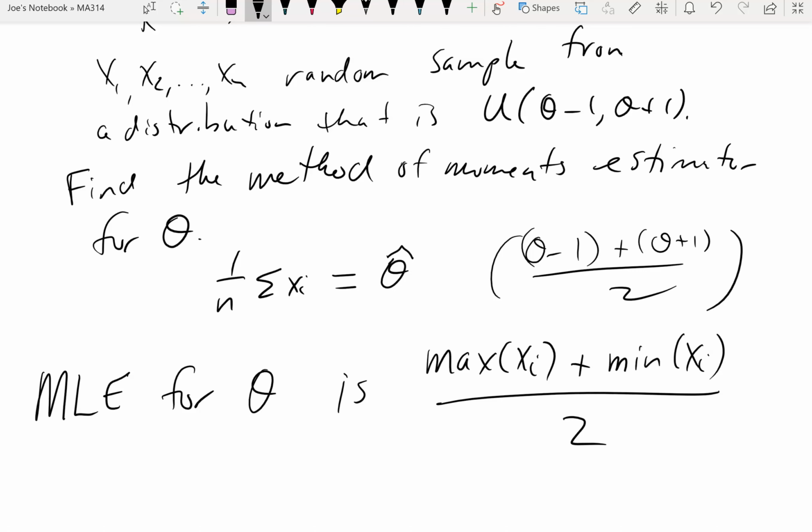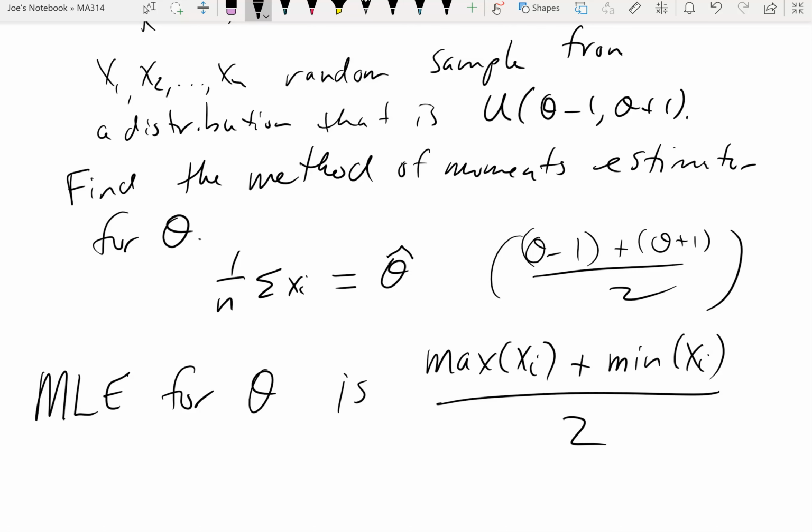So I want to try to get as close as I can to what the theta needs to be, so we use this averaging idea as well as the maximum and the minimum. It's a little bit more complicated, which is why we didn't go through it. But what you can show is that I've got 2 different estimators here for theta, and it's a matter of which one you want to use based on lots of different ideas.